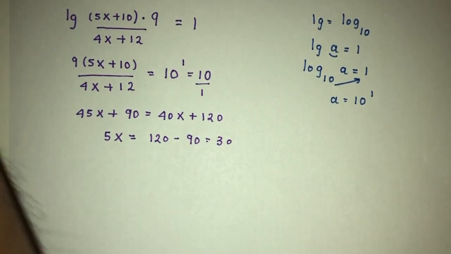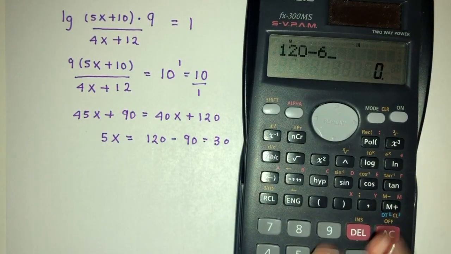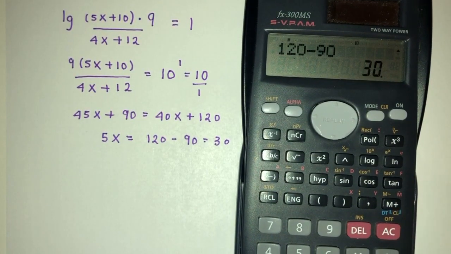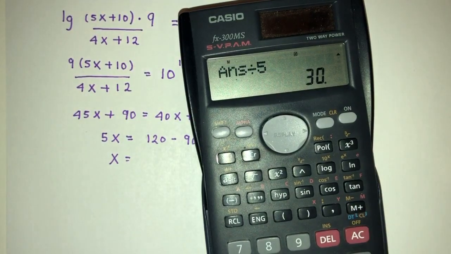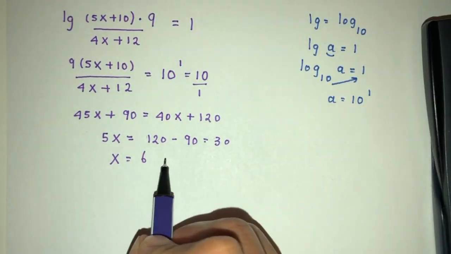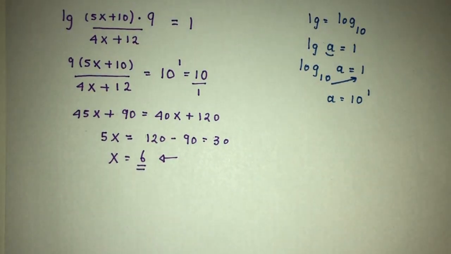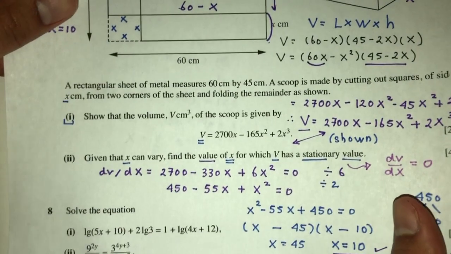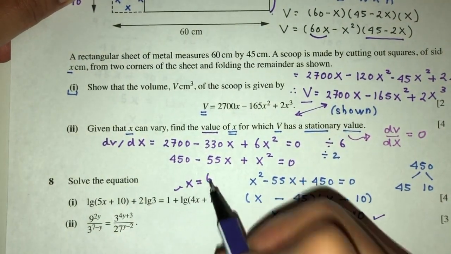But of course, let's check using your calculator, because why not? 30. So x will be 30 divided by 5, that should be 6. So 6 will be your value for part 1. This is your value of x equal to 6.